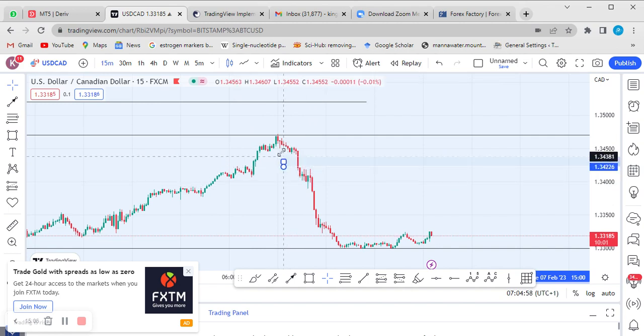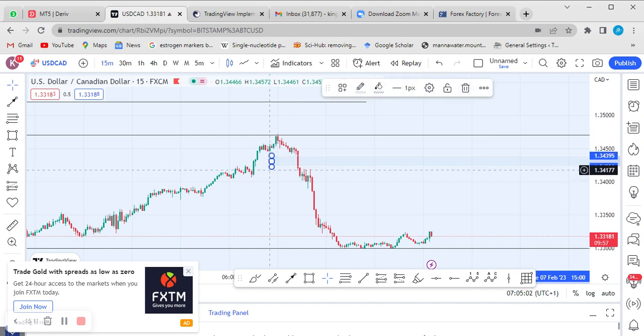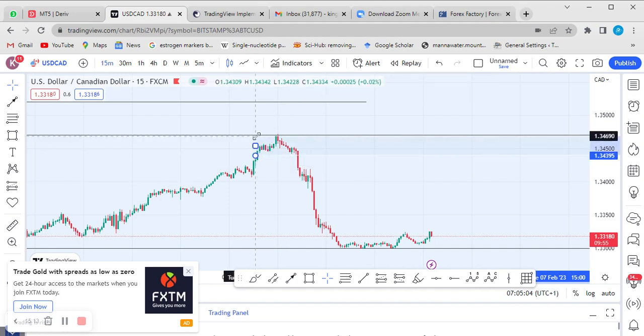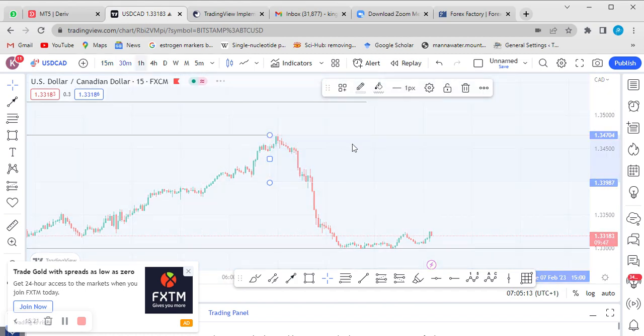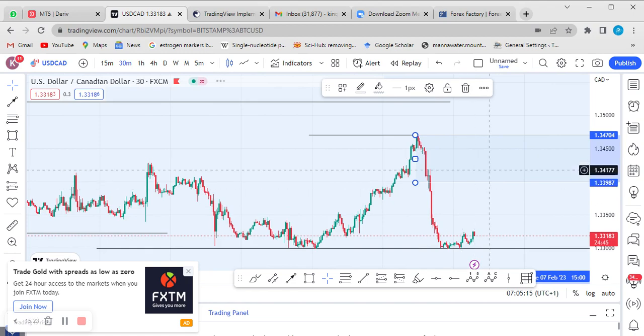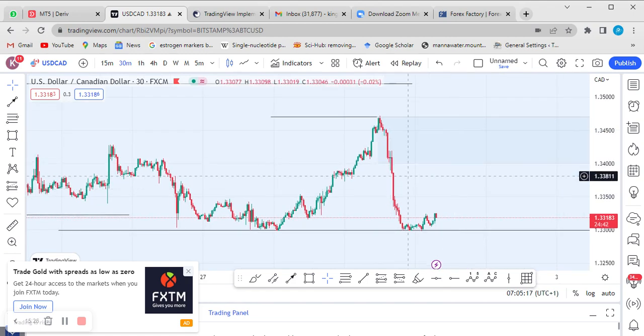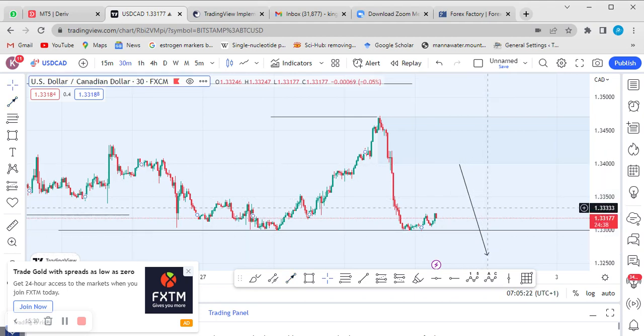Either you take your trade here, and if it should hit a stop loss, we have another entry at this point. So I would rather just zone out this place. Then I know my entry for a sell is inside of this zone for USD CAD.